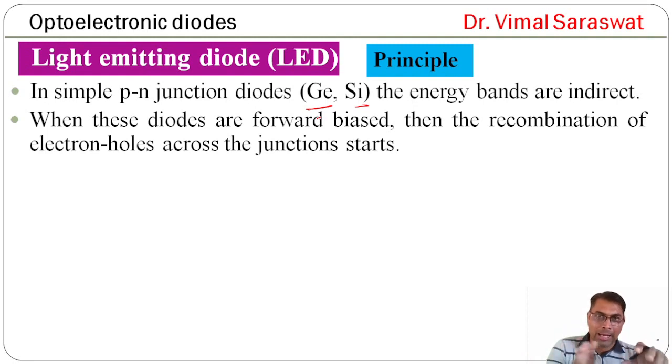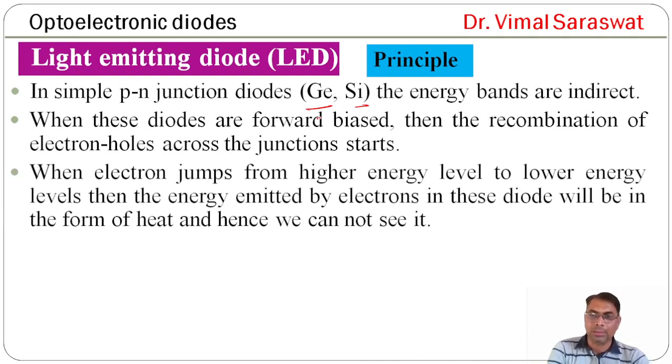When these diodes are forward biased, then the recombination of electron holes across the junction starts. When an electron jumps from a higher energy level to a lower energy level, it emits energy in the form of a photon.